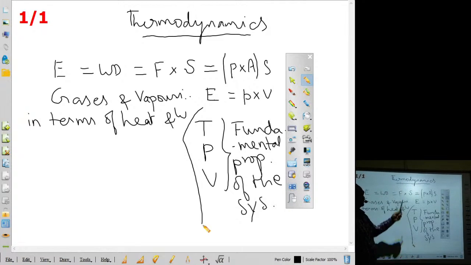It is a field of science that deals with the energy possessed by gases and vapors, conversion of that in terms of heat and work, and the relationship with the various properties of the system.